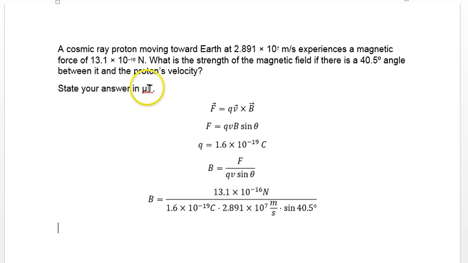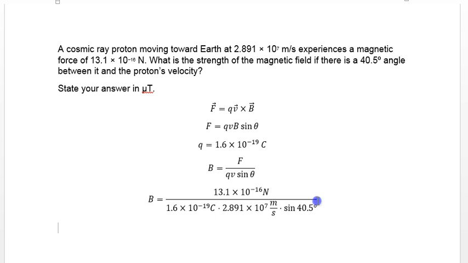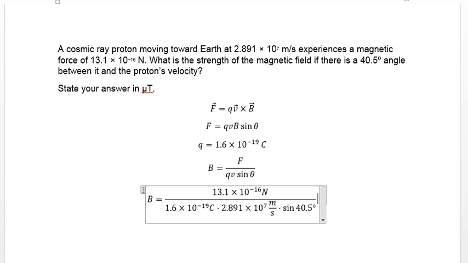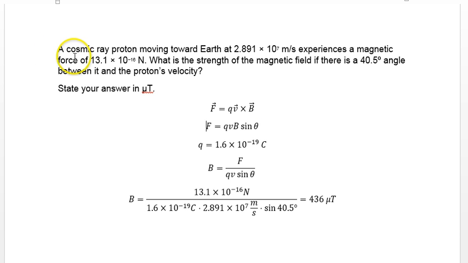It asks for us in micro Tesla, right? So divide that by 1e minus 6. That's a 10 to the 2, so 436 micro Tesla. And that's it for problem 3.